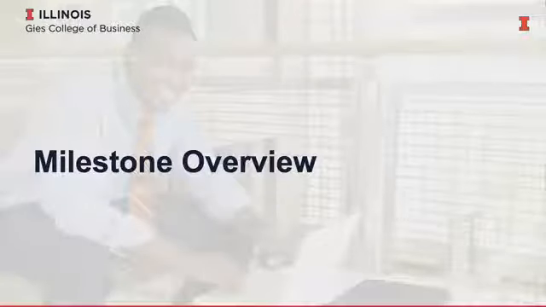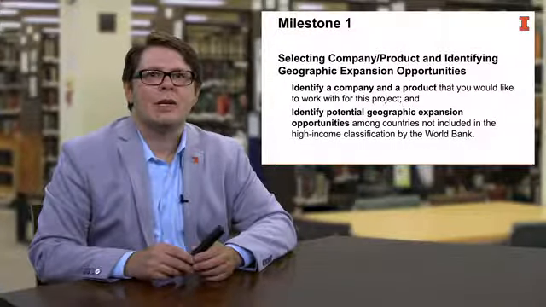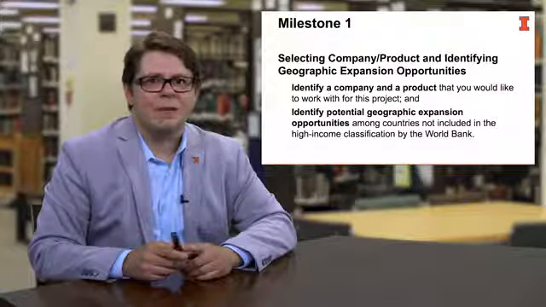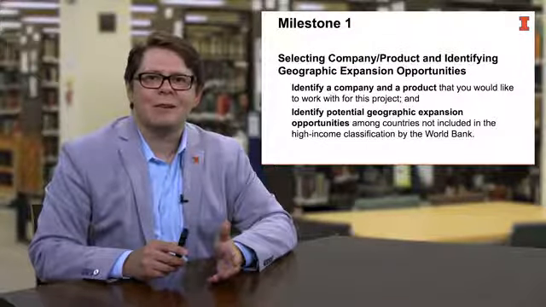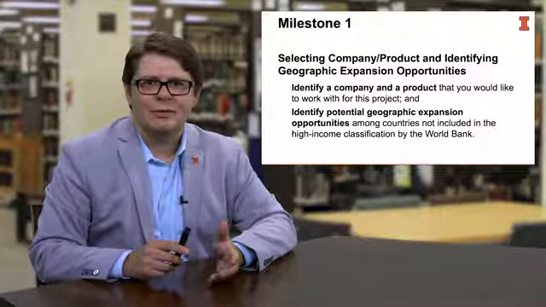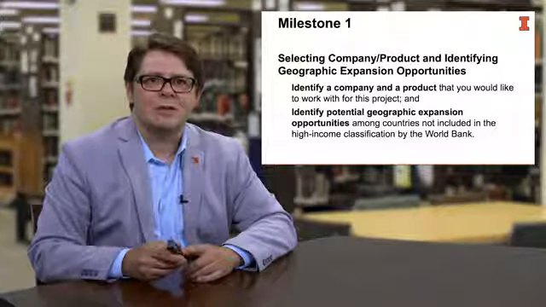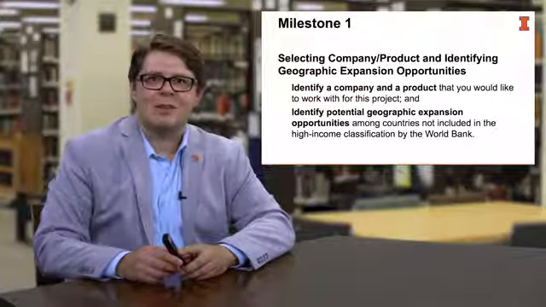And let's spend a little bit more time on the overview of our 4 milestones in this course. Milestone 1 is probably one of the more intense milestones in the course. You're doing a few things in here. You're selecting a company, probably something that you're going to be fairly interested in. You're selecting a product that you're going to be interested in, or at least a line of products potentially that the company is producing.